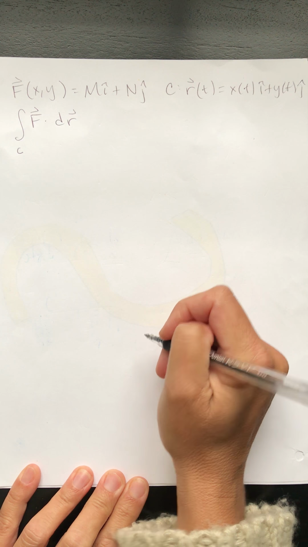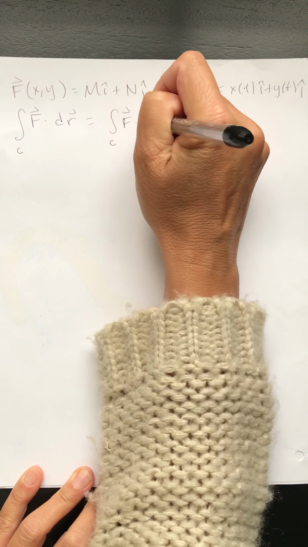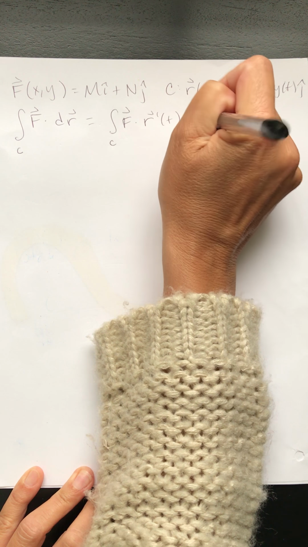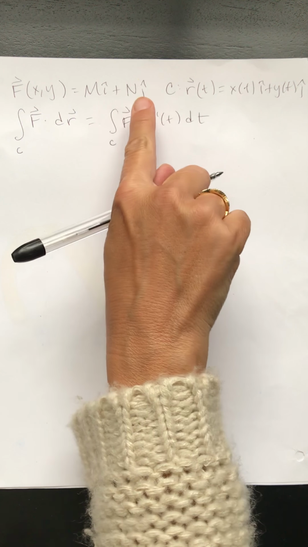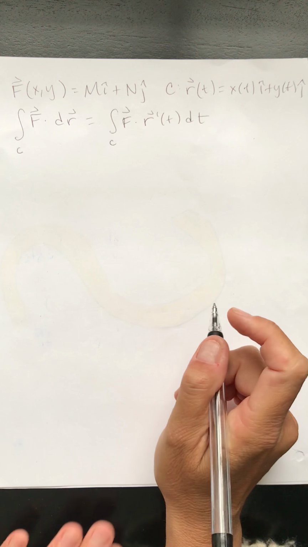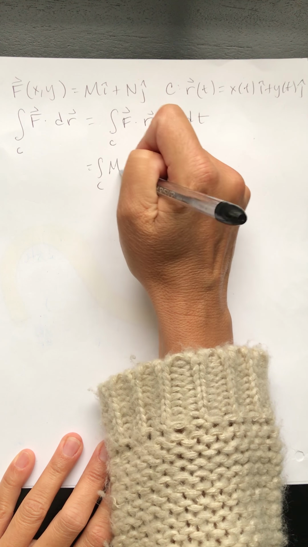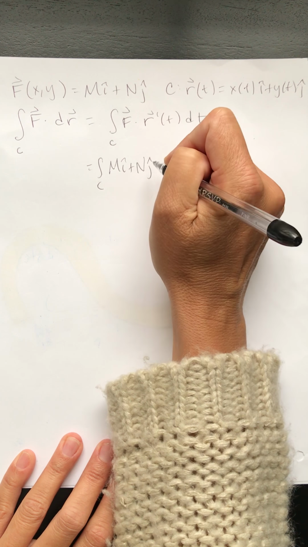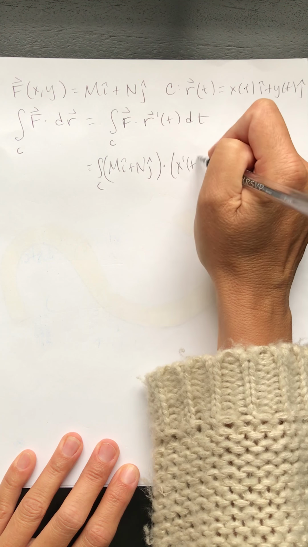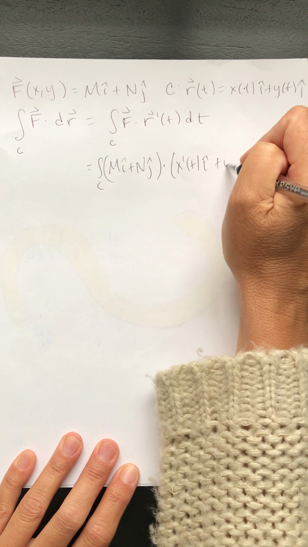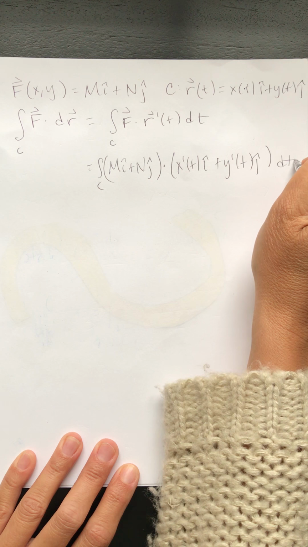Well, I can write this as the accumulation of F dot r prime of t dt. Well, look at what F is. F is M i hat and N j hat. So what I'm really dotting here is M i hat plus N j hat dot r prime of t, which is x prime of t i hat plus y prime of t j hat, all dt.